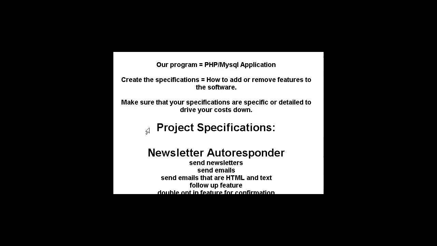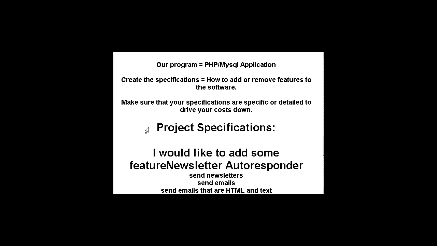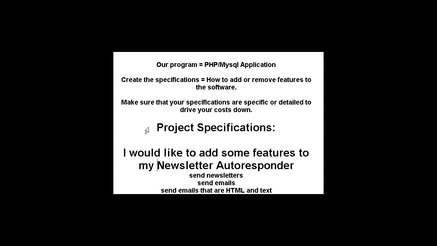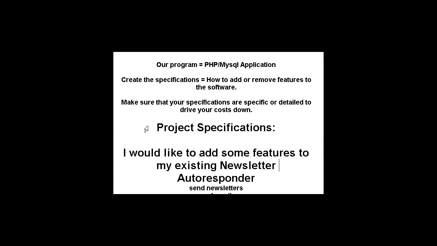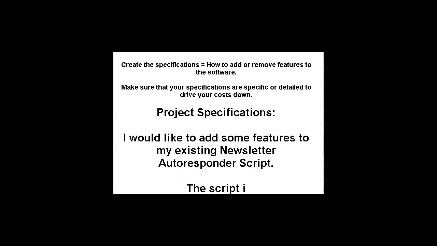So right now we're looking at a newsletter autoresponder program, and we can say, I would like to add some features to my existing newsletter autoresponder script. The script is written in PHP and MySQL.